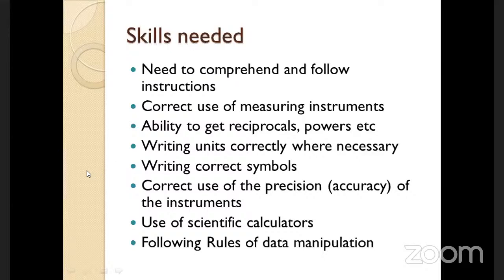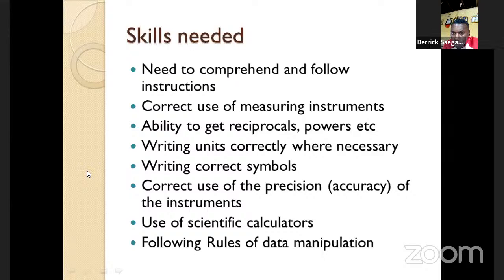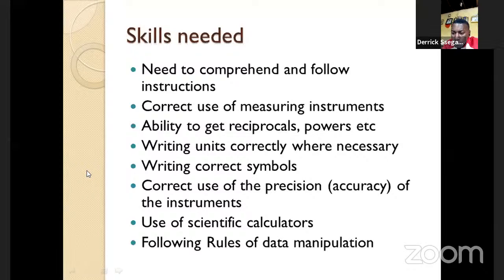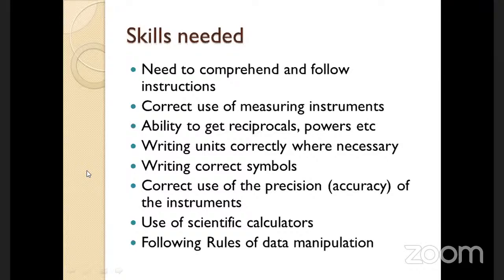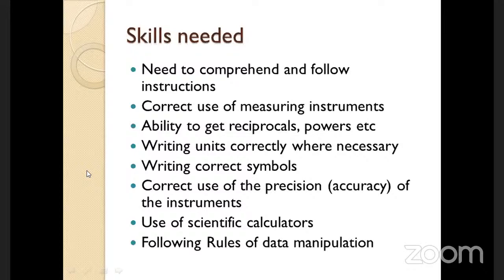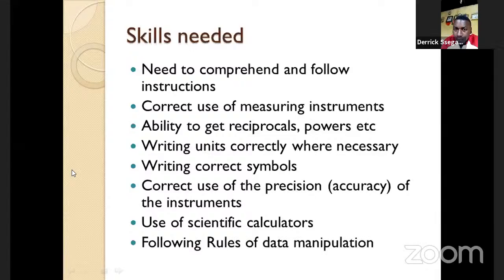Then we have the use of scientific calculators. There are some of you who sometimes do not know in which mode you should put the calculator to have certain calculations. For example, if I want to work out a normal calculation, to which mode should I put it? Many of you will be putting your calculators to radian, and yes, someone has just given us a correct answer: if you put your calculator on radian, the answers will all be very wrong.